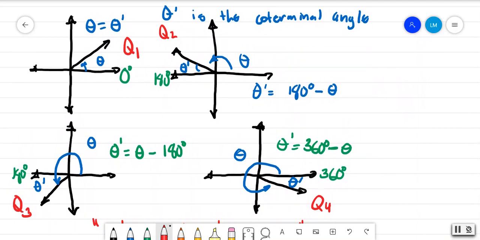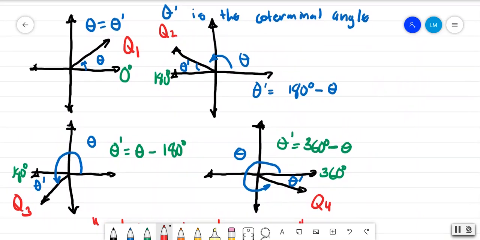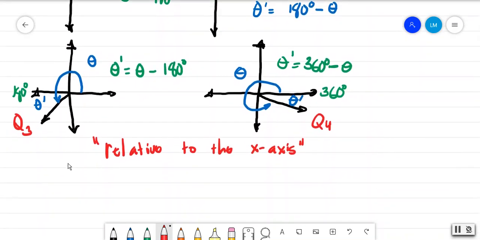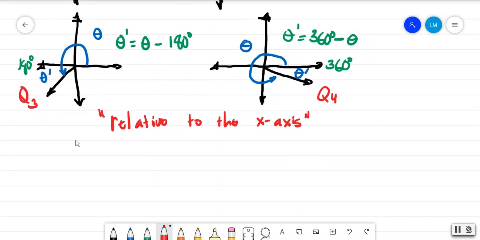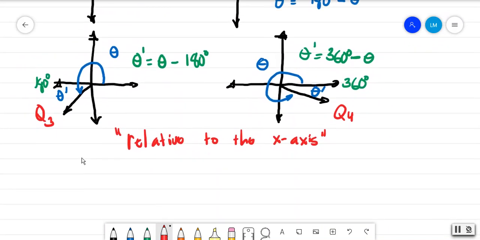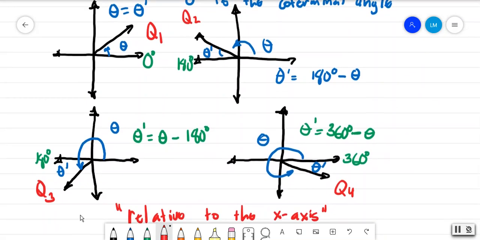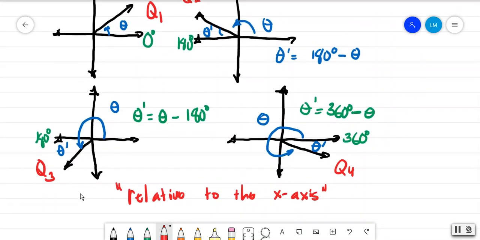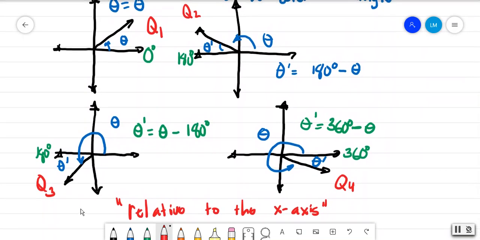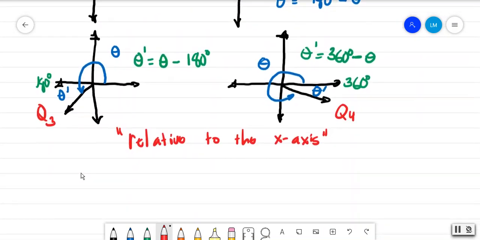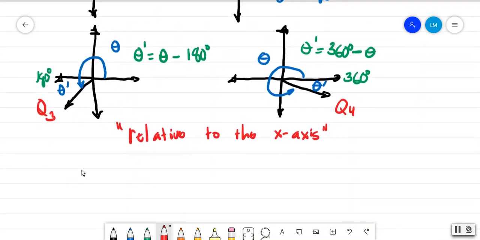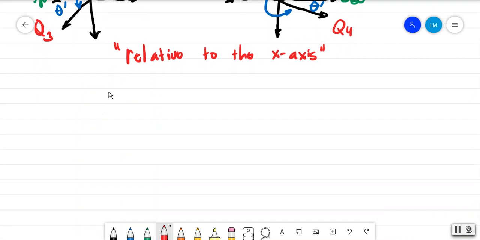So you have basically 4 possibilities. The only issue I have with this topic is what happens if the angle is too big. Then we have to do a few steps before we even get to the reference angle, and that's where it gets a little tricky.